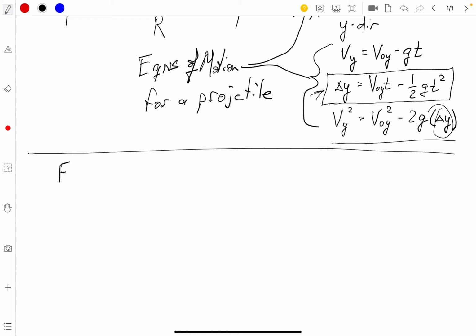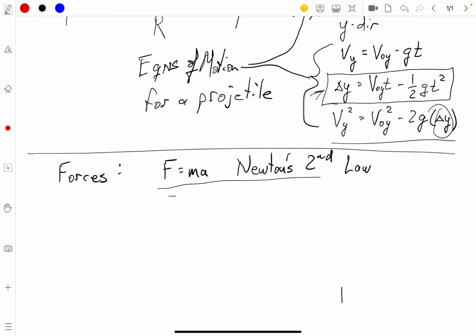Okay, so let's move on to forces. And, man, F equals ma is really, really powerful. What is that law? That's Newton's second law. And these kinds of things are easy to make multiple choice questions, right?